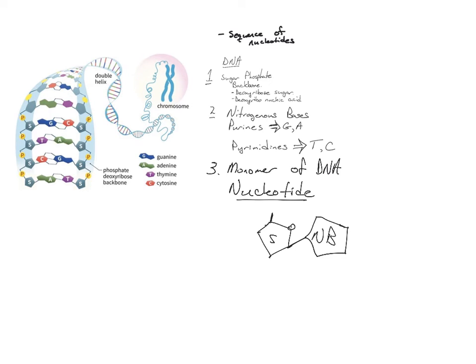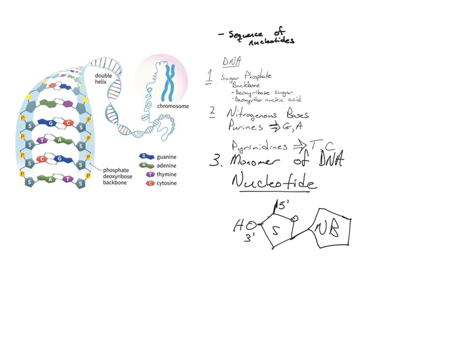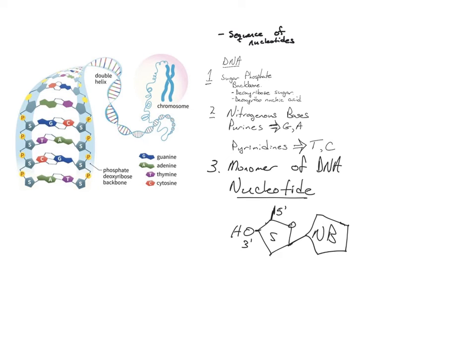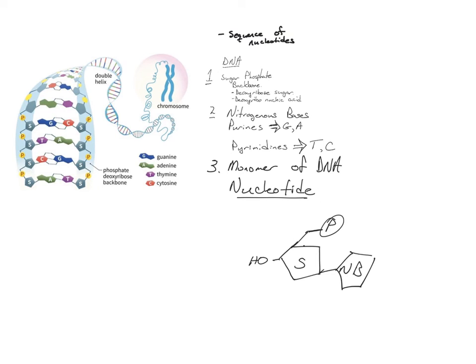From the third carbon comes a hydroxyl group. It's the 3 prime. And on the 5 prime, there is a phosphate attached. So these three components form the nucleotide: the phosphate, the sugar, and the nitrogenous base. And that means that this is a monomer.